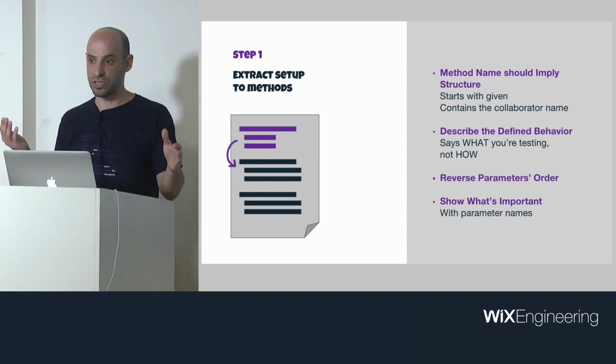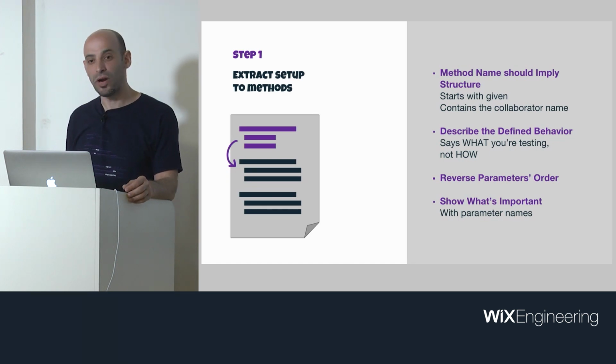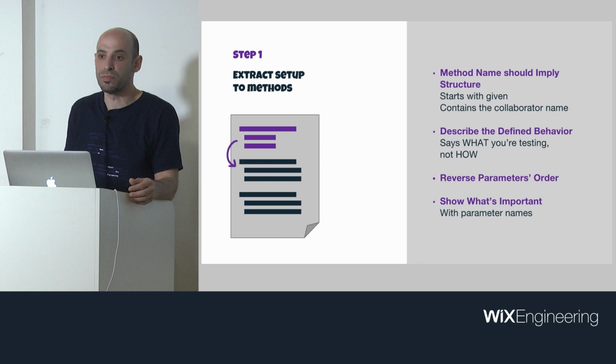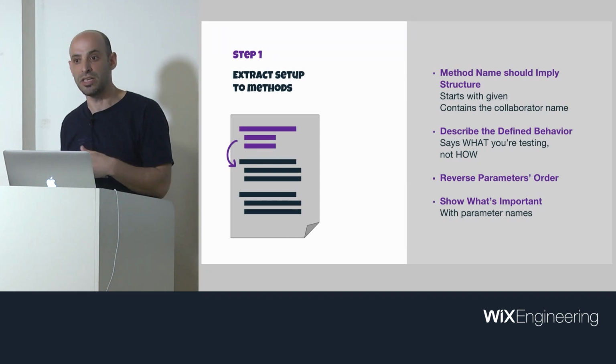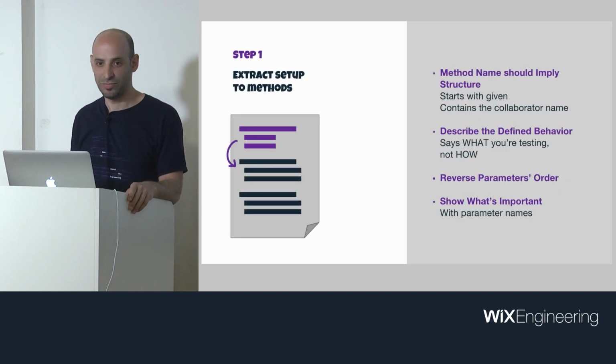Usually it's the opposite of what the code was calling. And with parameter names, we try to imply what is more important and what is the key that we're using to retrieve it. Any questions so far? Cool.